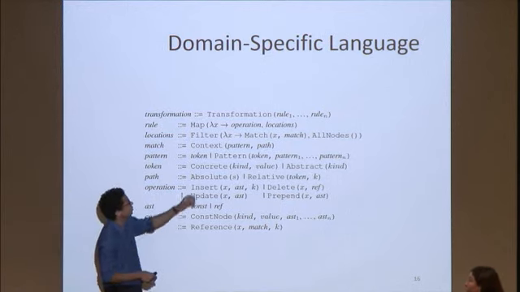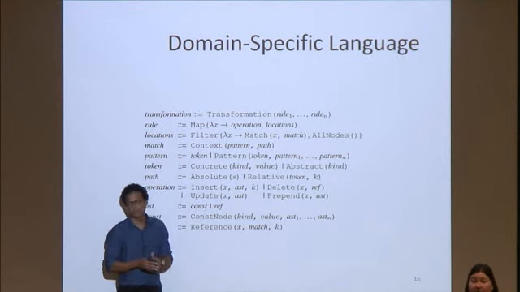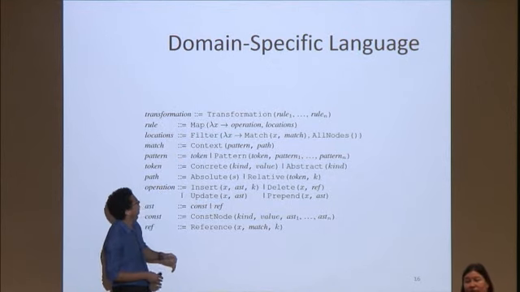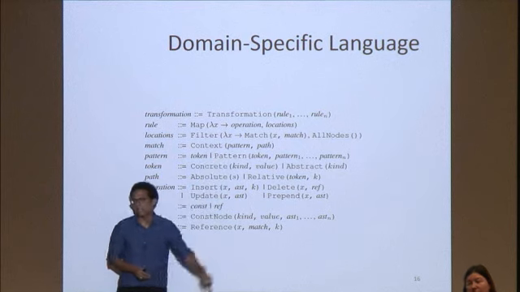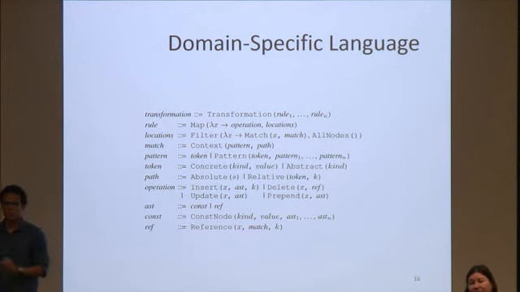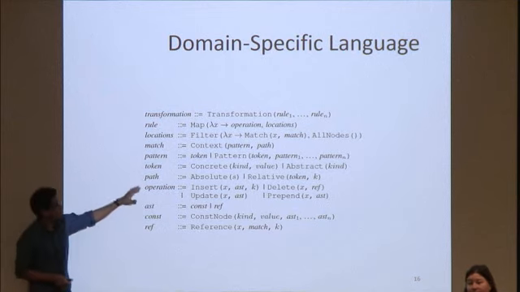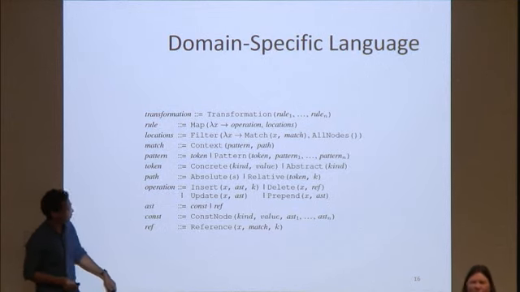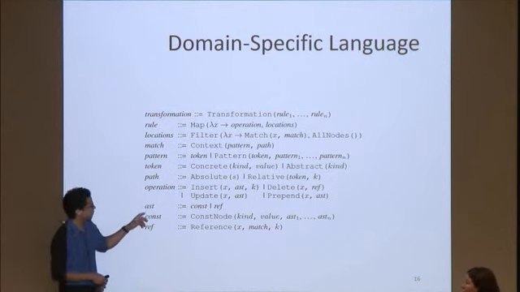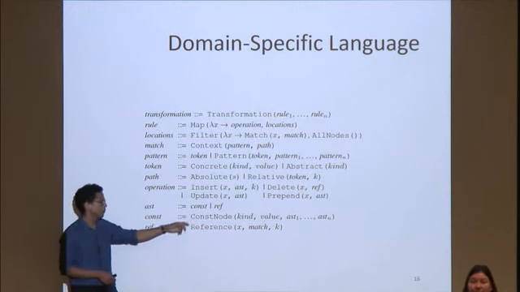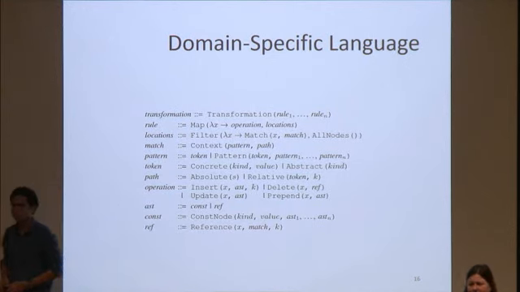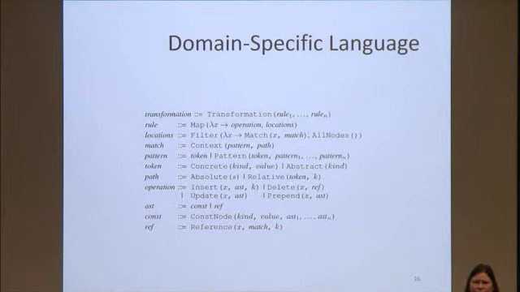And a location is a filter which will filter from all the nodes in the AST the nodes that match this pattern that is composed by context and path. The operations can be insert, delete, the normal tree operations, and then also it builds ASTs based on const nodes and reference nodes. So this is a high-level overview of our DSL.